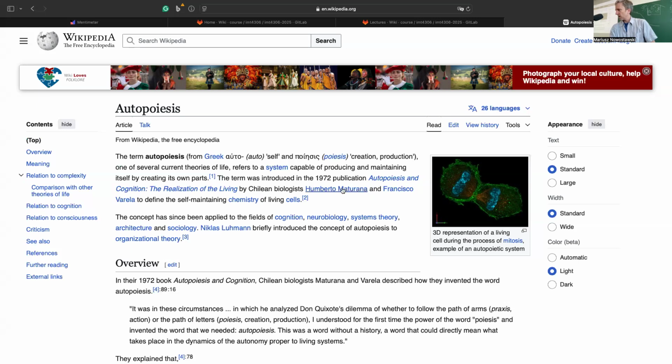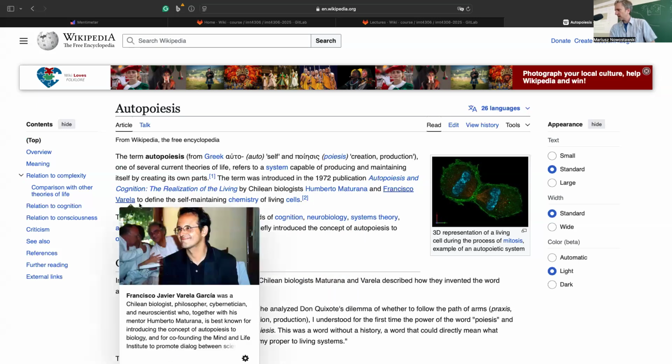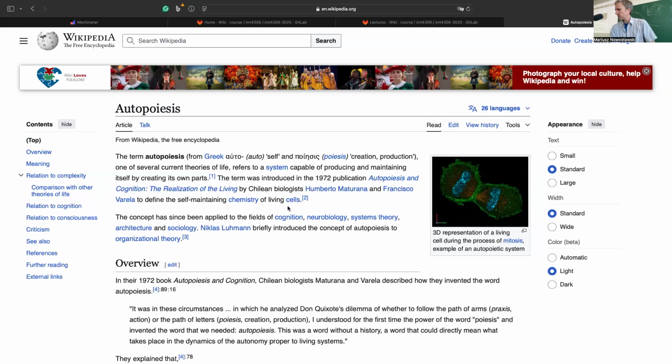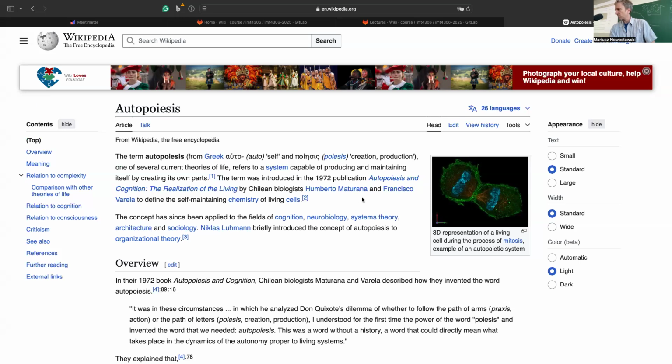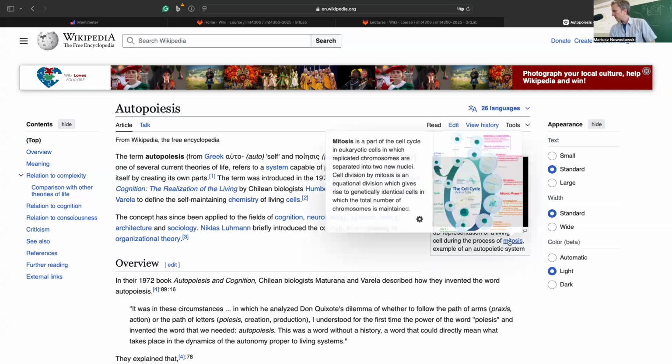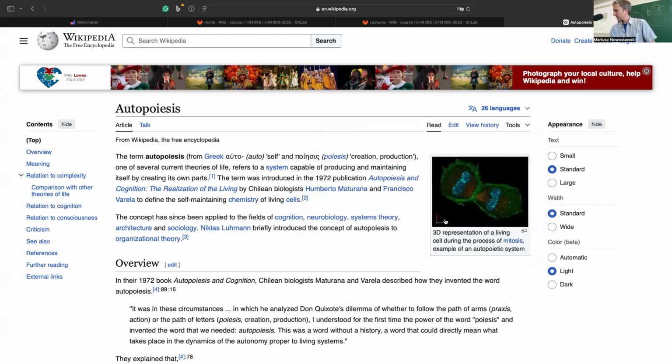So Maturana and Varela, and they have been used in system theory and architecture and sociology and so on. So we have those kind of dependency cycles, and this is, for example, a cell division. So it's a process of dividing cells, and it's an example of an autopoietic.